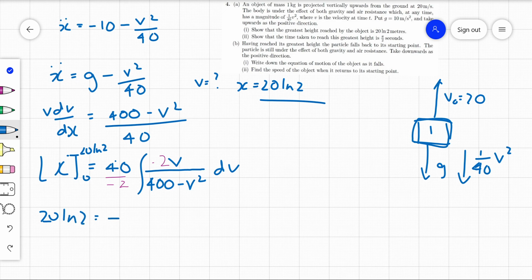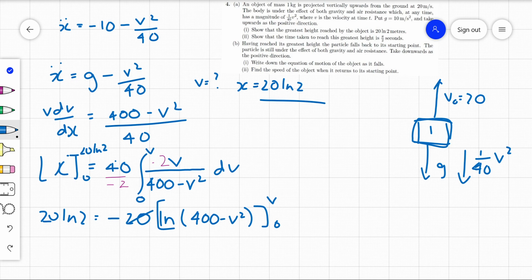Okay, so on this side I've got -20, and now I'm logging, so my velocity, I'm going this time, because it's dropping, from 0 up to some velocity, which is what I'm trying to find. So I've got -20 log of 400 minus v squared, going between 0 and v.